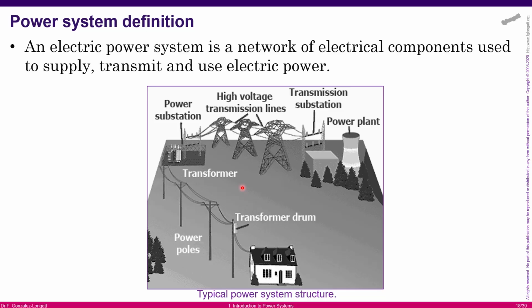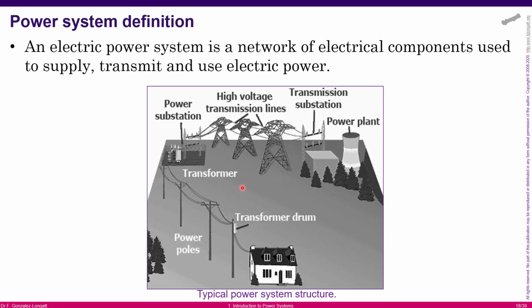Okay, but now let's get down to business. What is the proper definition of an electrical power system? The basic definition is extremely simple. What you need to know is that an electrical system is an electric network, and this electric network is mainly designed to produce electricity, transport the electricity from remote power generation plants to local power stations, and then transform the electricity to levels that people can use at home.